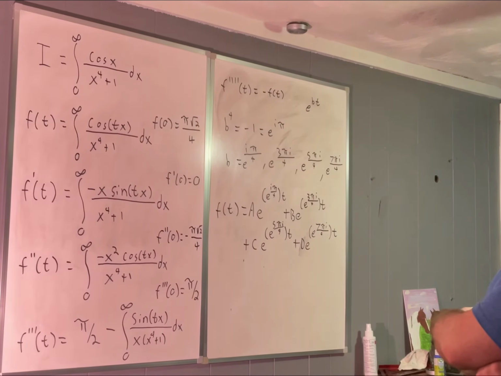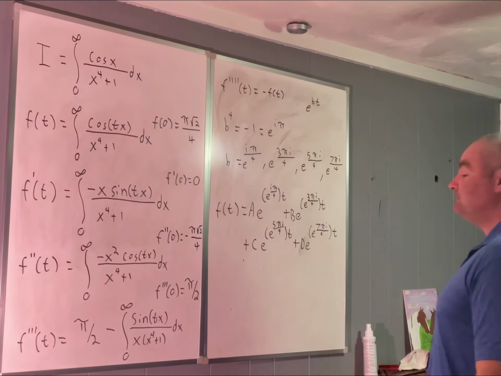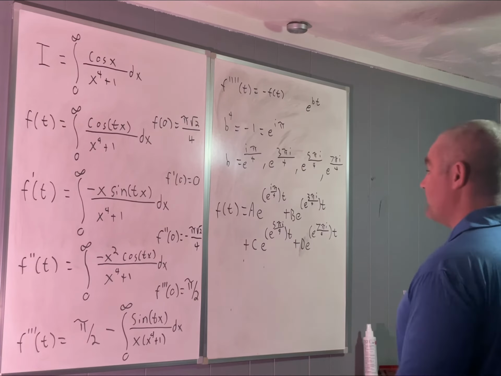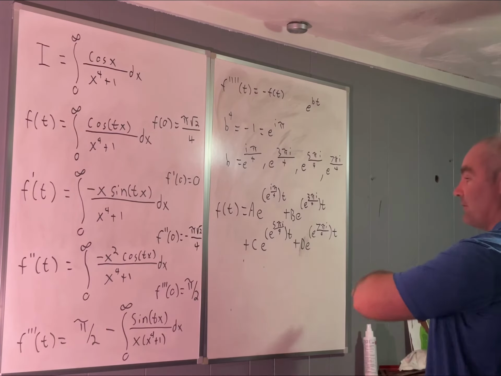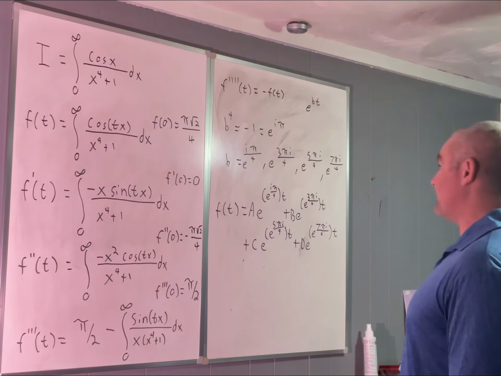There's so many ways you can mess up a sign or write something down incorrectly and then interpret it wrong later. So I'm just going to right now jump to what you would actually get for f of t if you did everything correctly as I've described.